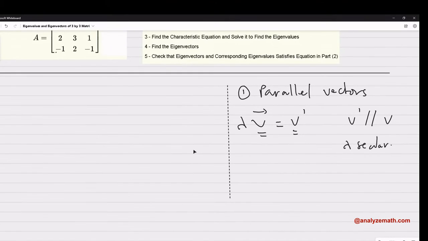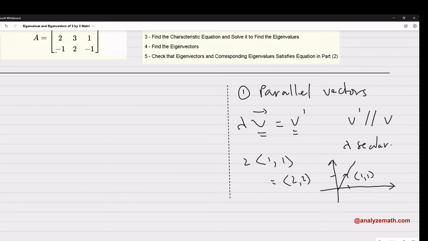Now let's do this using a very simple vector in 2 dimensions. So I have vector 1 1 here. Take vector 1 1 multiplied by 2 and you make vector 2 2.